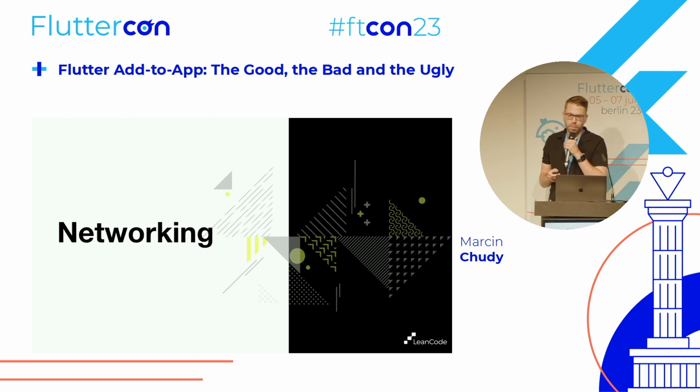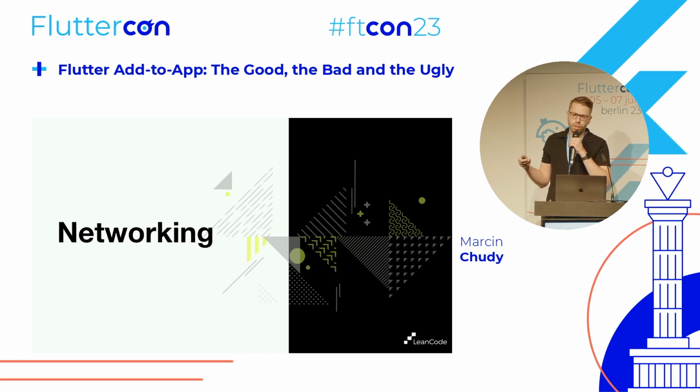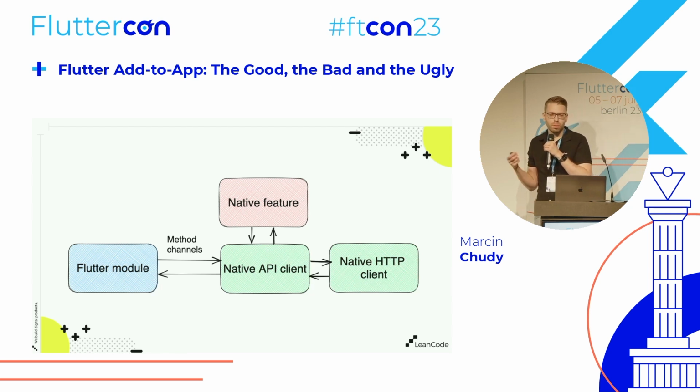And now let's talk about networking, because there's a high chance that the Flutter module you're going to write is not going to be a dumb module just to render some UI, but it's also going to fetch some data from the backend or send some requests. And there are basically two ways to do it.